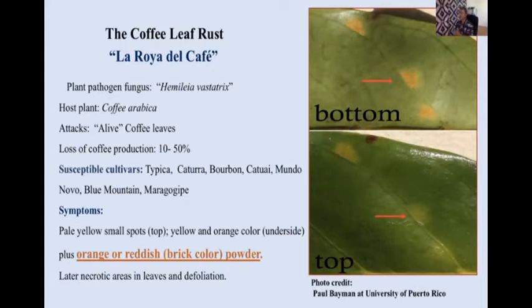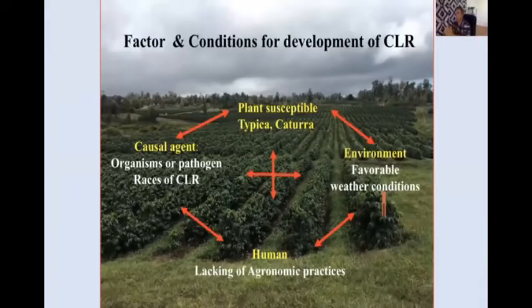So the most important thing is all the factors that make the conditions positive or negative for the development of the disease. So I put here 4 elements that are major factors. We start with the pathogen. This is the coffee leaf rust that is here right now.